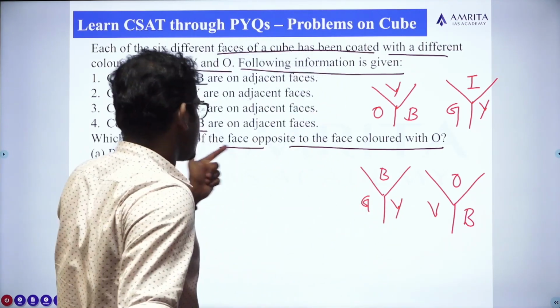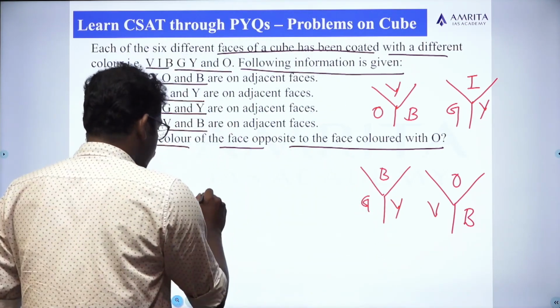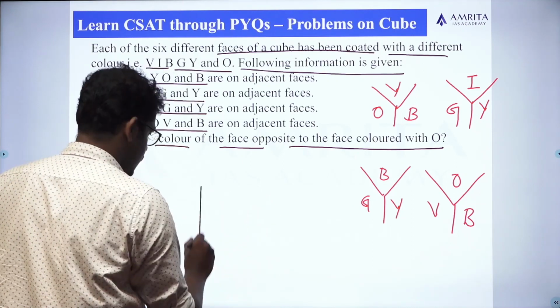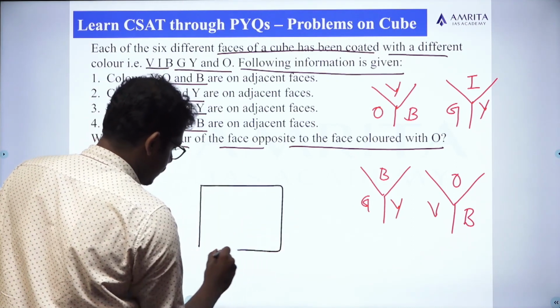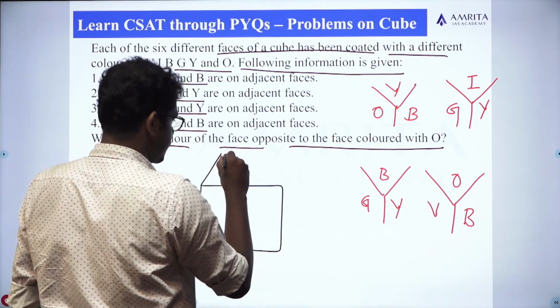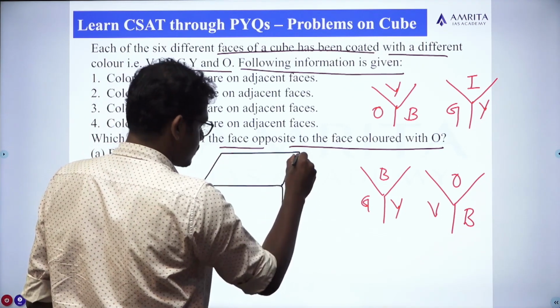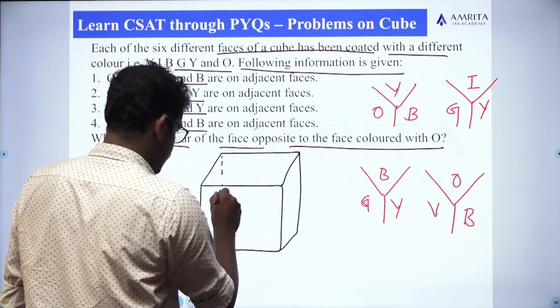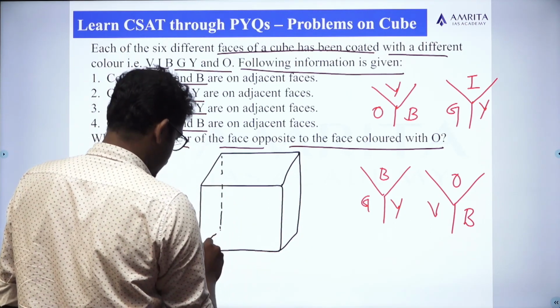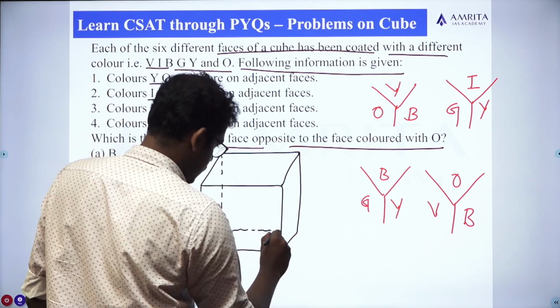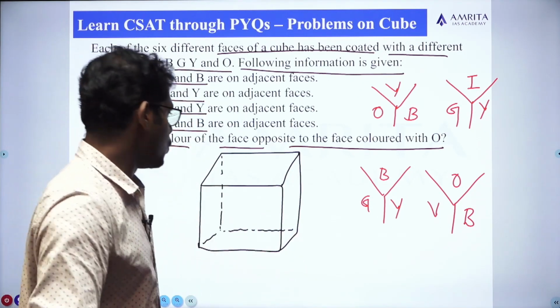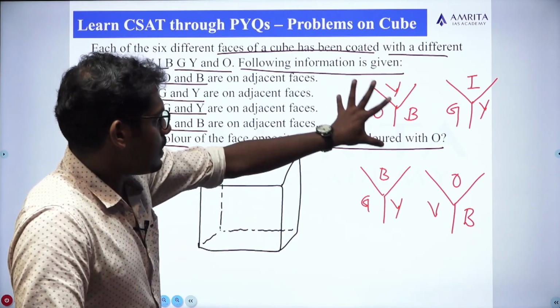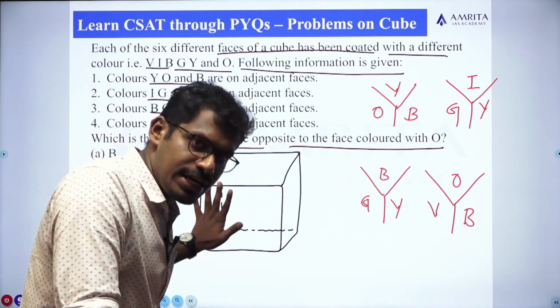That is what the question actually demands. Okay. We have to draw the cube. Okay, so this is a cube. Let me put this information into this cube.